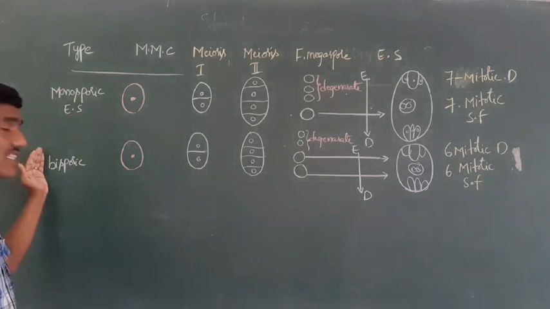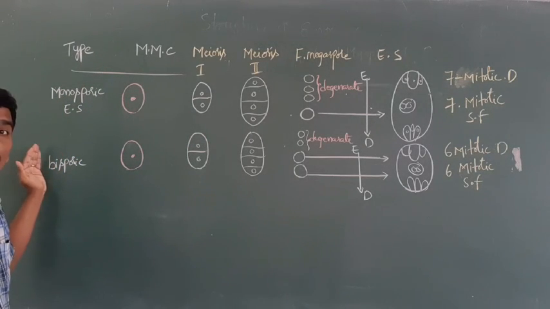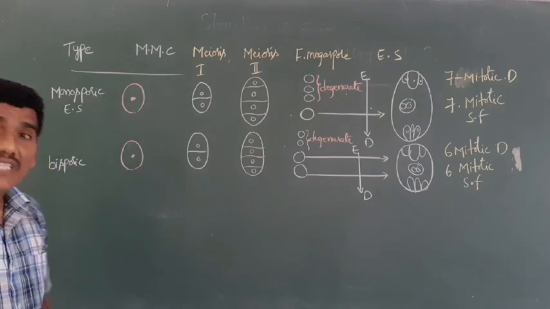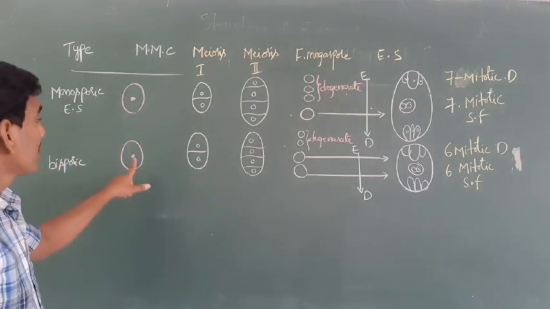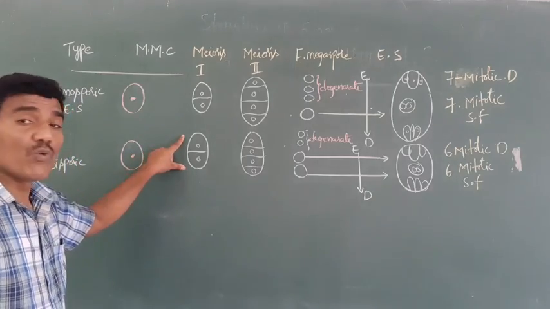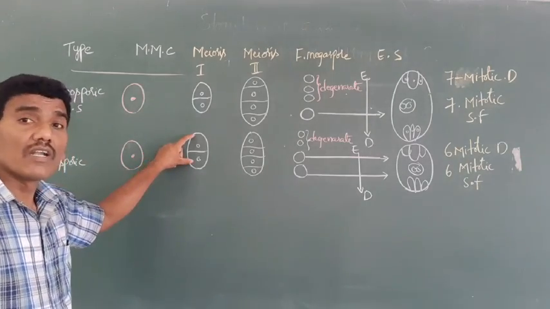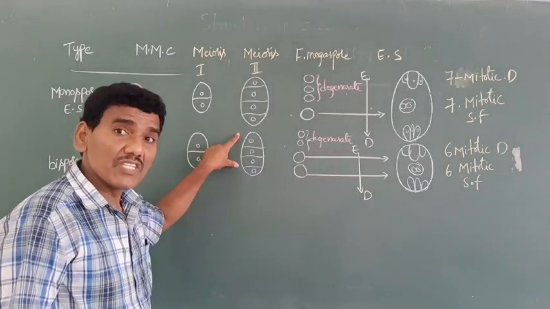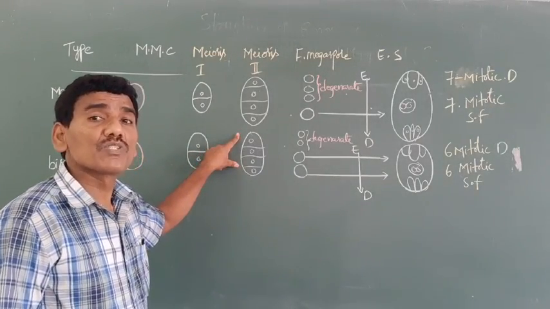The second one is the bisporic type of embryo sac. Here the megaspore mother cell undergoes meiosis 1 division to form a dyad of megaspores. After the meiosis 2 division is completed, 4 megaspore nuclei are formed.